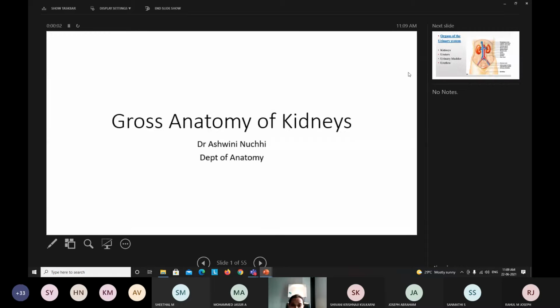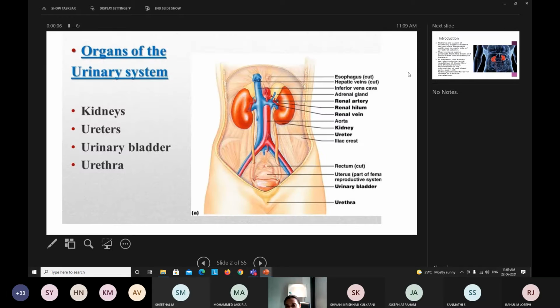Today I am going to teach about the gross anatomy of kidneys. Kidneys are part of the urinary system. The two kidneys are excretory organs which help in the production of urine. The urine passes through the ureters and is collected in the urinary bladder, which is a reservoir.